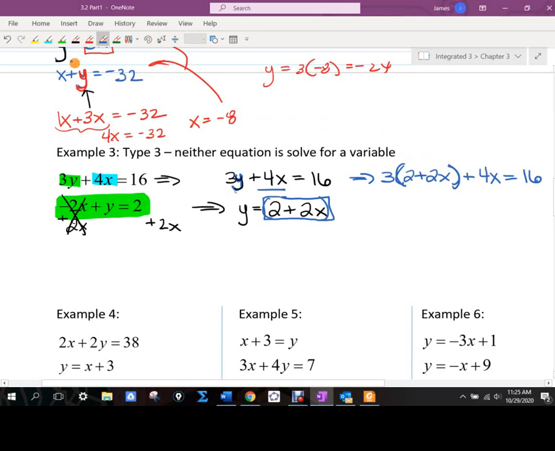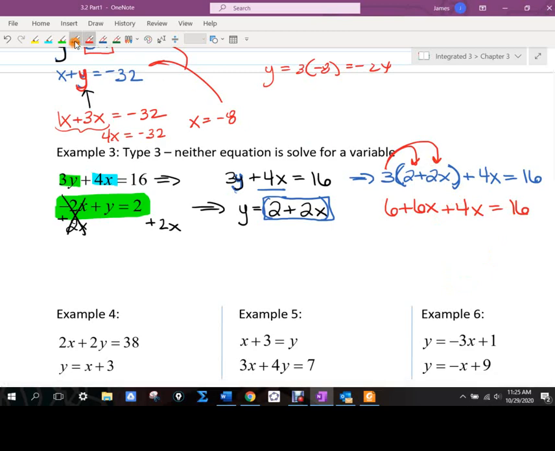Because what does that tell me that I need to do with this 3 if I'm going to try to solve for x in this situation? I need to distribute it. And if you don't put those parentheses there, you might not recognize that. So I'm going to distribute that and get 6. Distribute again, and I get plus 6x. And then we've got plus 4x already there is equal to 16.